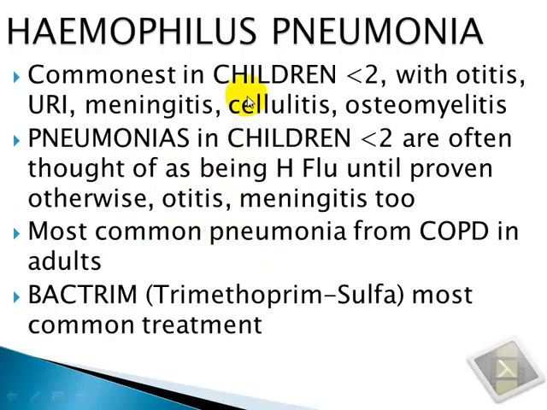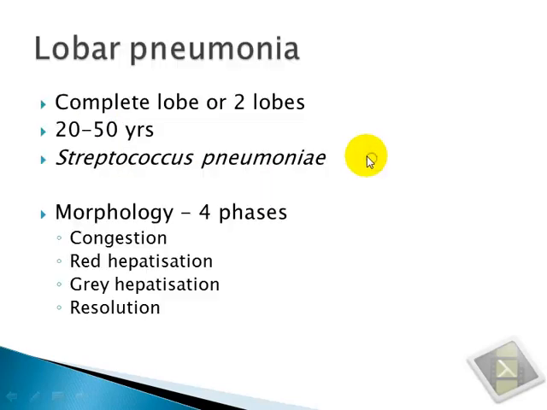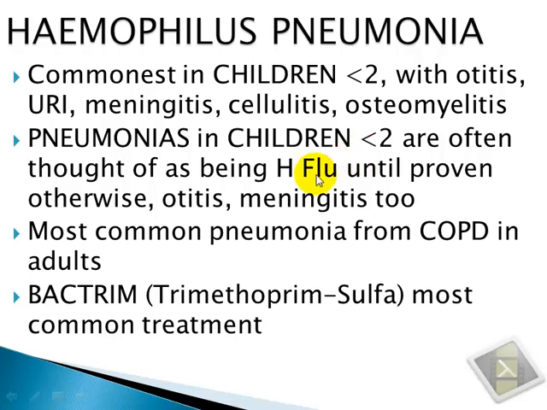If we talk about children, as I said earlier, if they're less than 2 years, the main culprit will be Haemophilus influenzae. They may present with otitis media, upper respiratory tract infection, meningitis, cellulitis, osteomyelitis. So pneumonia in children who are less than 2 years is considered H influenzae until proven otherwise.